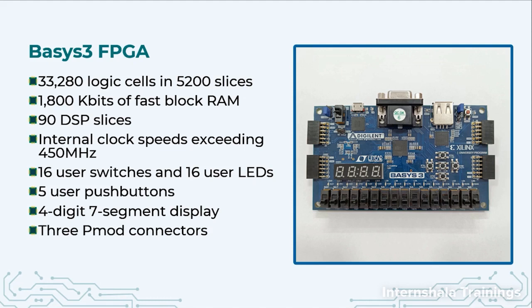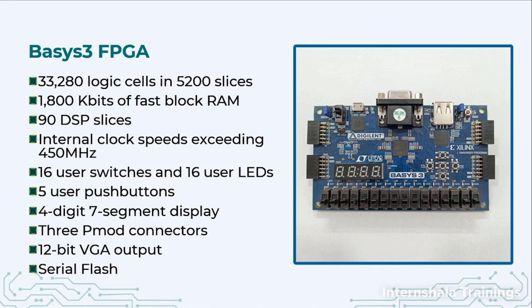There are Pmod connectors and a VGA output port as well. This board is quite versatile and best suited for the beginners to design digital systems. In addition to all these, we also have the support for serial flash. That means through the USB, we can program this FPGA.